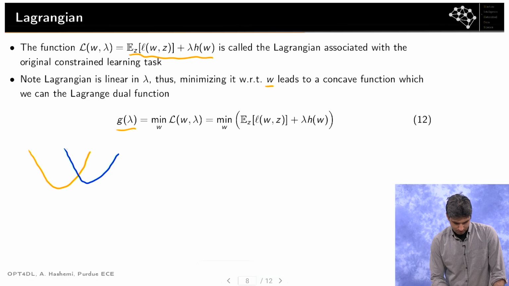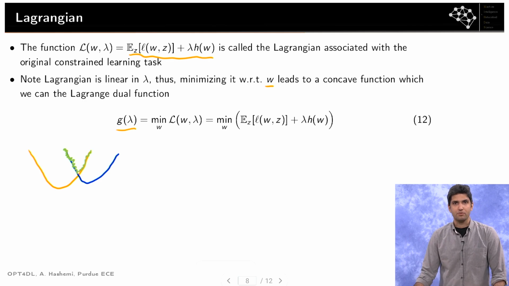So the maximum will be this. It's going to be the second function that I drew until I hit this point. Then the first function lies above. So the maximum now is going to be this. So when you look at it, the maximum is going to be a convex function. Okay, so it is curving upward.